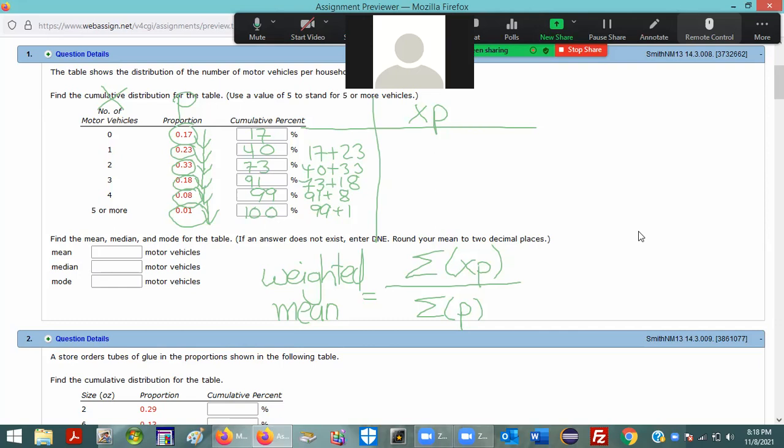And the sum of p is 1. So the sum of our p column sums to 1. As we saw here, the sum was 100%, right? And 100% is the same value as 1.